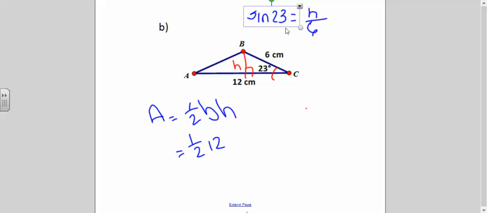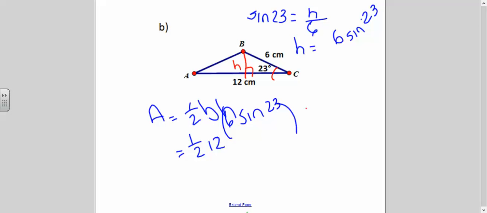So h equals 6 times the sine of 23. So I'm going to just write that here for my h, 6 sine 23.